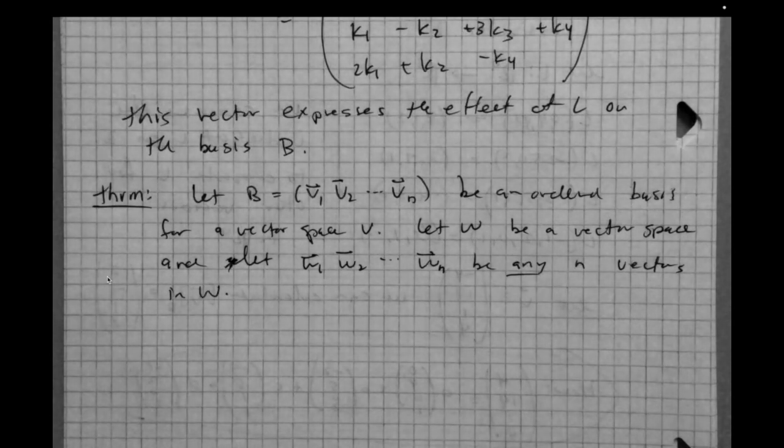I've got an ordered basis B for a vector space V. I've got W, a separate vector space, with any n vectors selected from W.